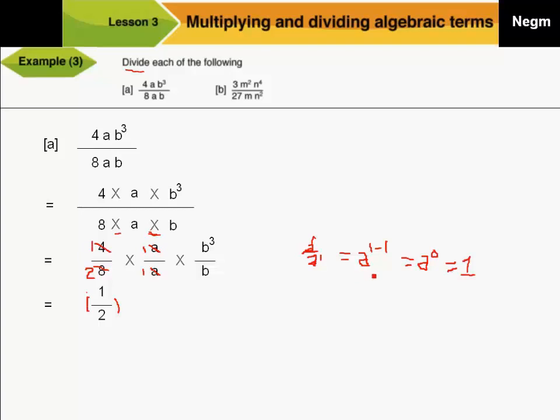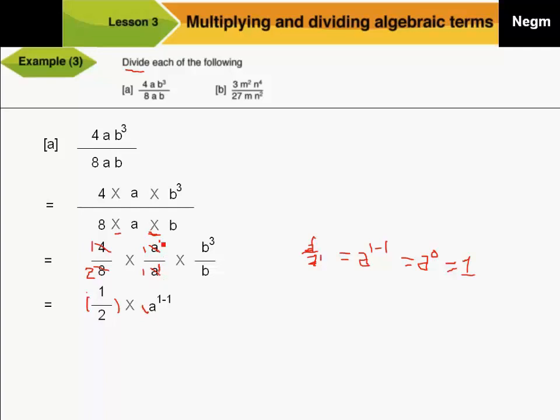And you have to follow this way. It is better to follow this way. Here we have a to power, as I told you, a here is to power 1 and here is to power 1 also. So this is the same base and this is division.